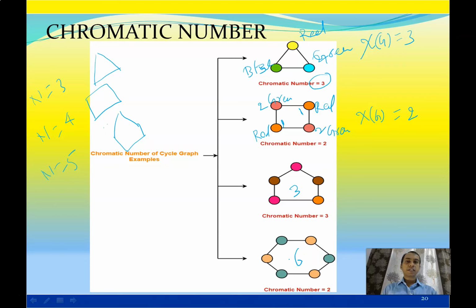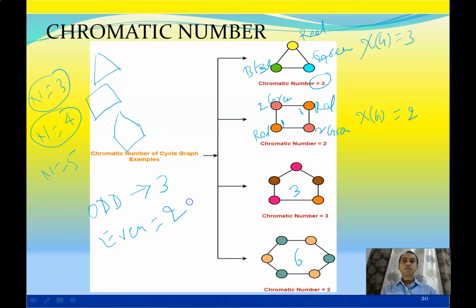So what you understand is whether n is odd or n is even. If n is odd, then the chromatic number for a cycle graph will be 3, and if it is even, then the chromatic number for the cycle graph will be 2. What is odd or even? The number of nodes.